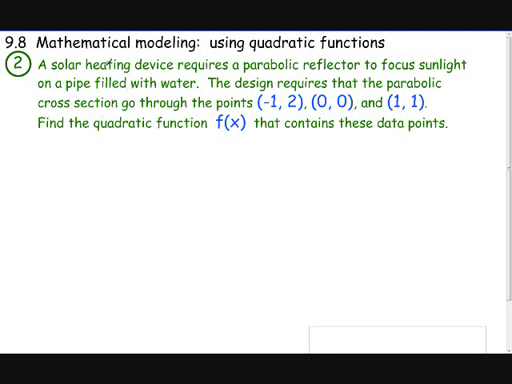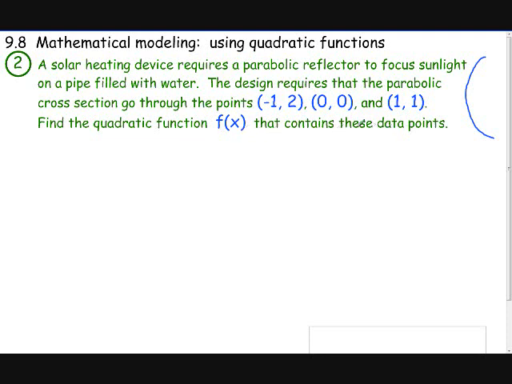A solar heating device requires a parabolic reflector. So that's part of a parabola. The design requires that the parabolic cross-section go through these points. Find the quadratic function that contains these points.